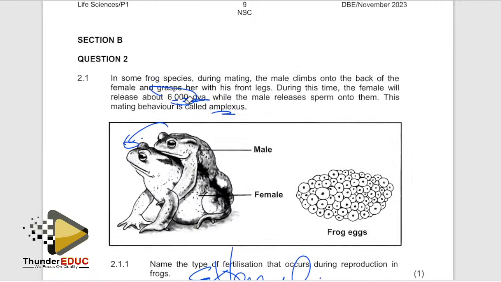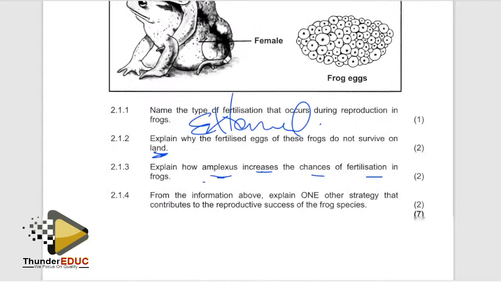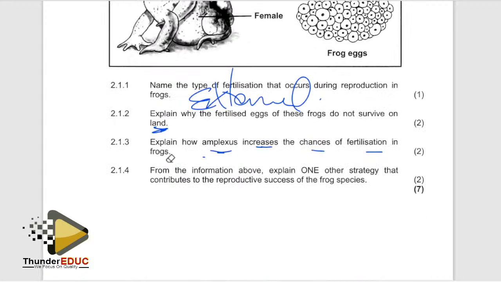Let me check here. It said explain how this increases the chance of fertilization. First of all, it produces a high number of eggs. That's number one. Because if there is a high number of eggs, the chance of fertilization is high.